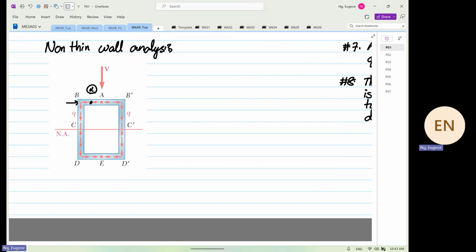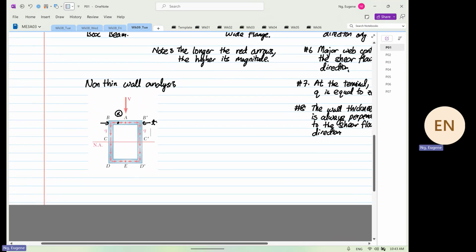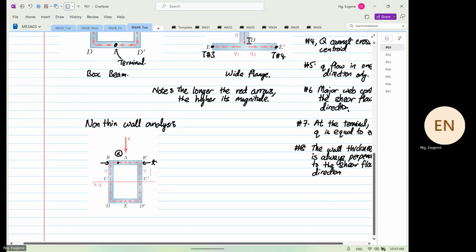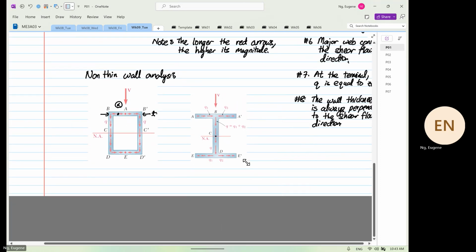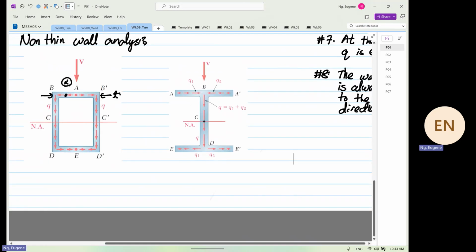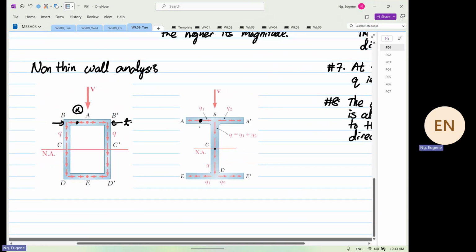This is our thickness. Yes or no? Right. So for non-thin wall analysis, for the I-beam, if we want to find this point over here, beta, this is our what? This is our thickness. Are we clear?